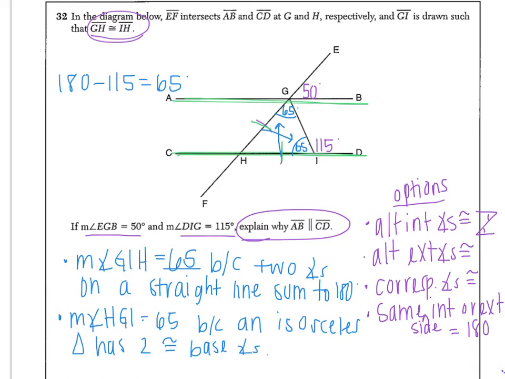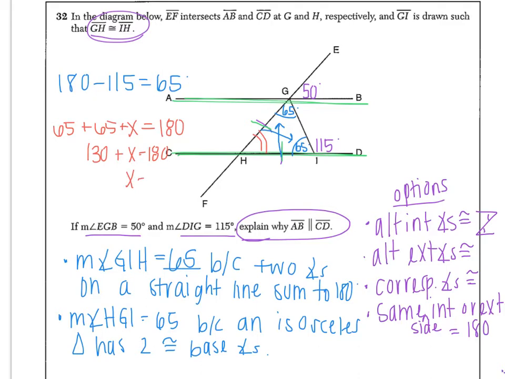Okay, so now we have 65, 65, but we're missing an angle in the triangle. This angle right here. So maybe if I can find that, then that can also help me figure out why my lines are parallel. I know that three angles in a triangle, 65, 65, and say X, are supposed to sum to 180. 65 and 65 sum to 130, plus X equals 180.